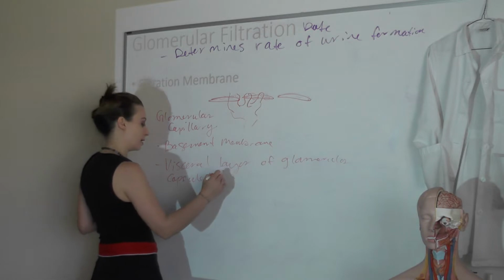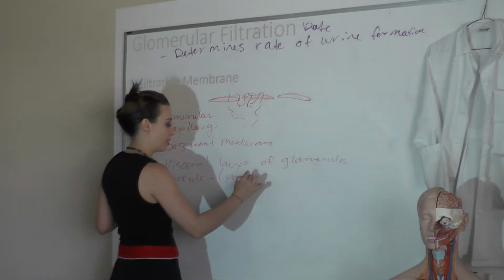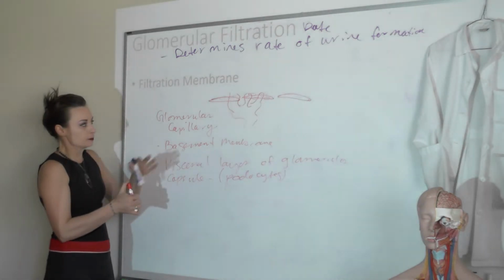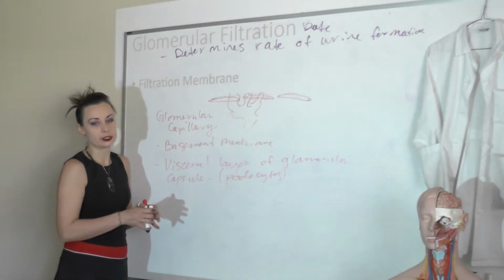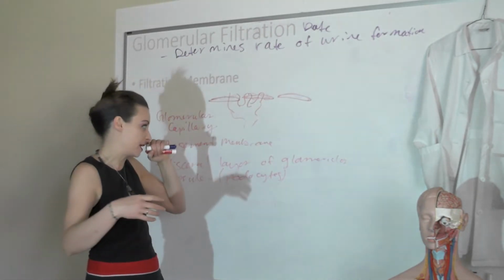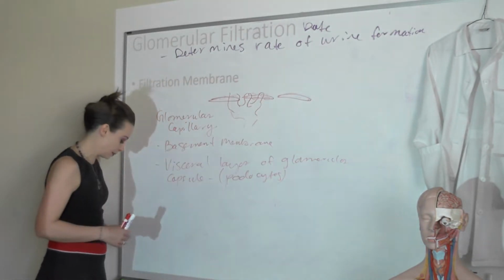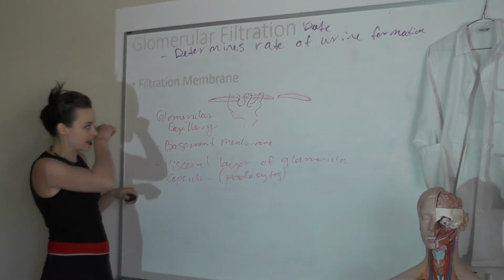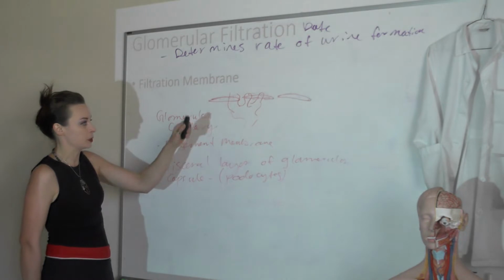And again, that is those podocytes wrapping their feet around to kind of give some structure to that glomerulus, so that we're not just going to be pushing out cells and proteins every time we have a change in blood pressure. So, okay, that's the filtration membrane, and this is the site across which glomerular filtration is going to occur.